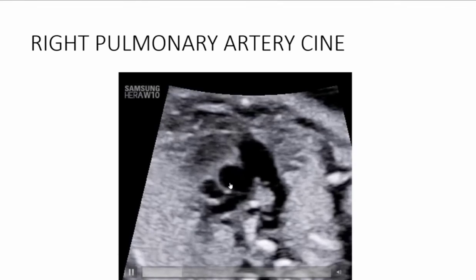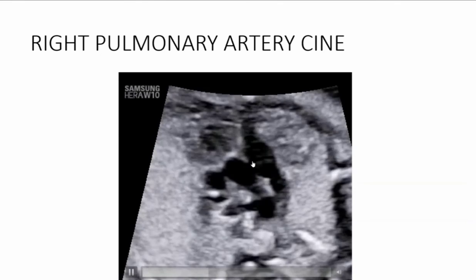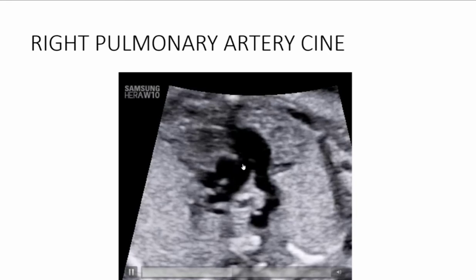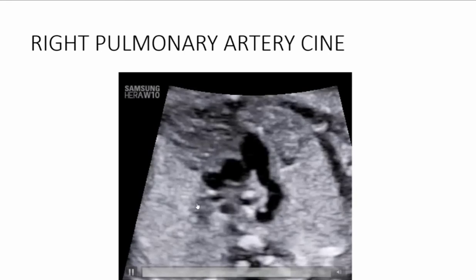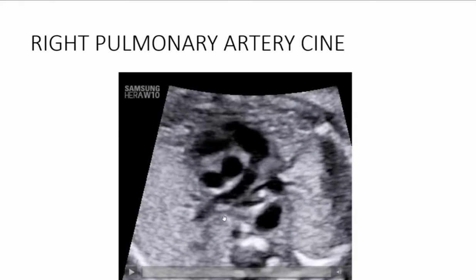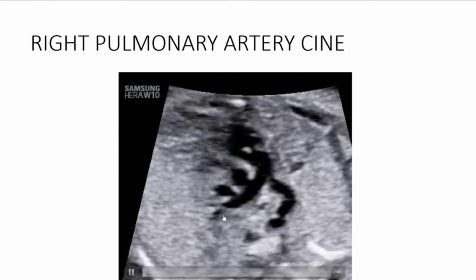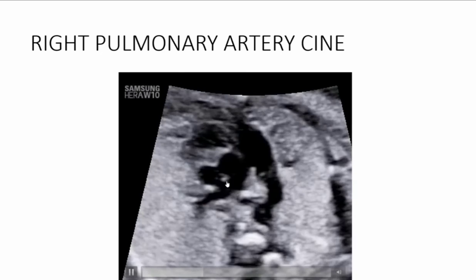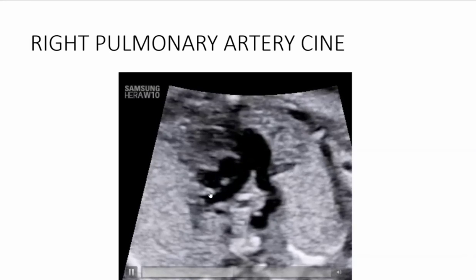This is the main pulmonary artery. This is the aorta, the superior vena cava. And you can see this is the right branch pulmonary artery going posterior to aorta and SVC all the way into the right lung. So this is the right branch pulmonary artery view. Main pulmonary artery, right branch pulmonary artery, that's aorta, that's superior vena cava.